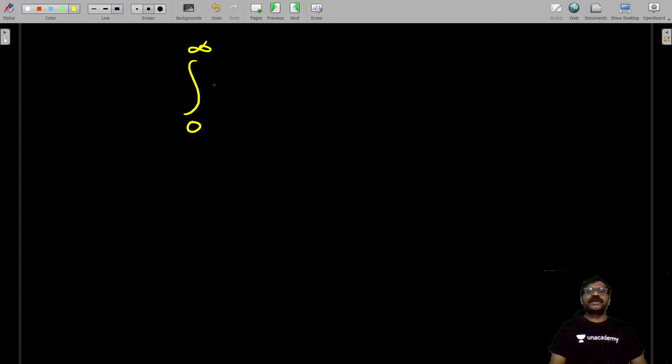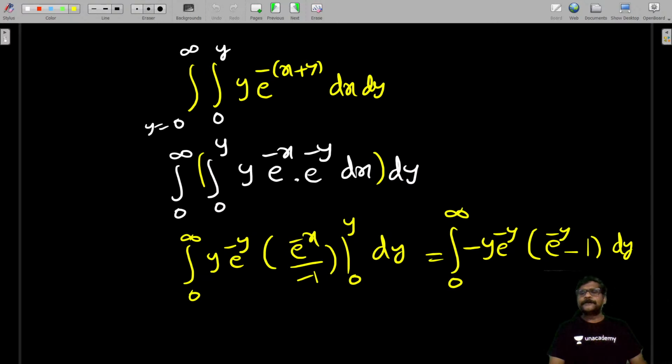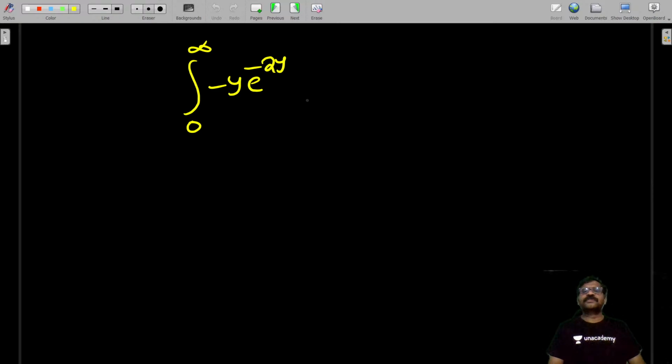Integral 0 to infinite, minus y into e power minus 2y plus y into e power minus y dy.